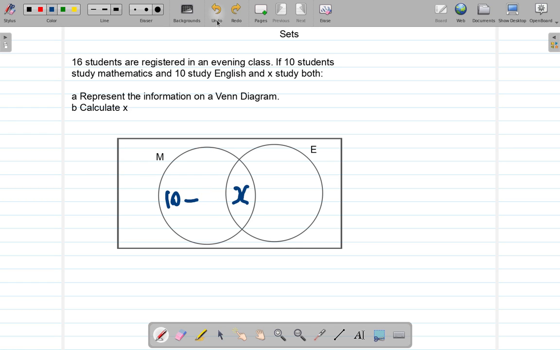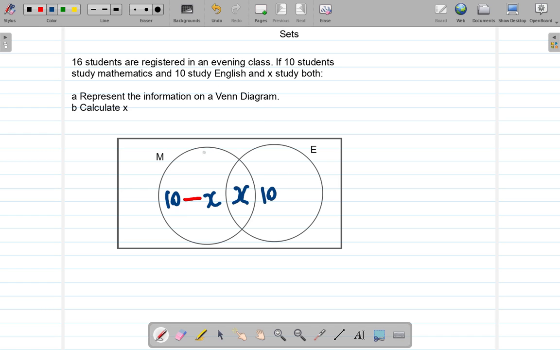Let me redo that part. 10 minus the X. Alright? And here, 10 are doing English.